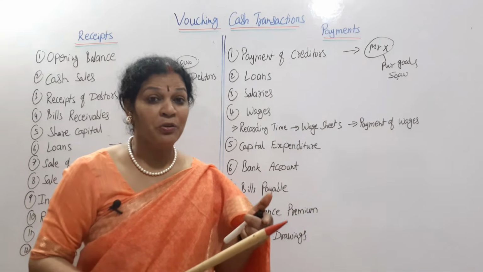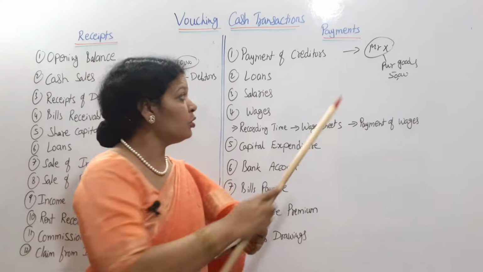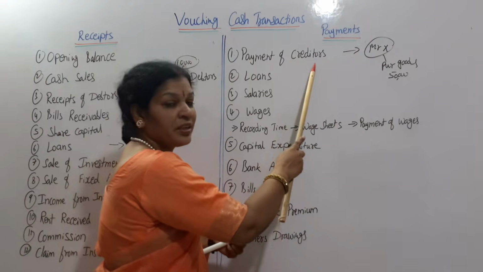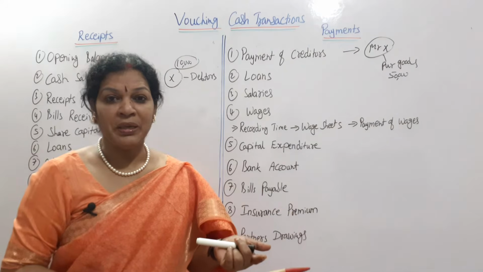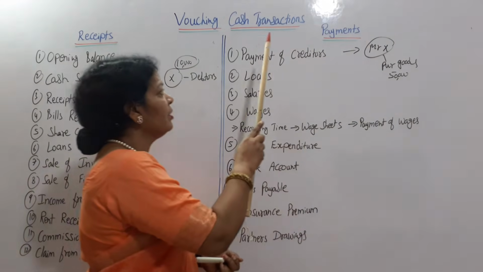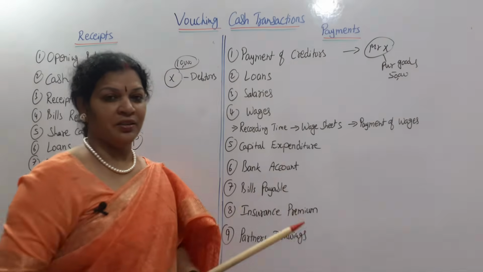When you have purchased, you have to pay it back. To whom? Mr. X. Mr. X is the creditor. So when you are making payment of 50,000, it must be on the payment side.